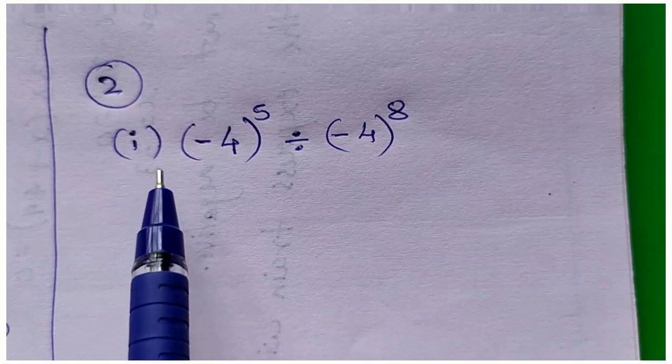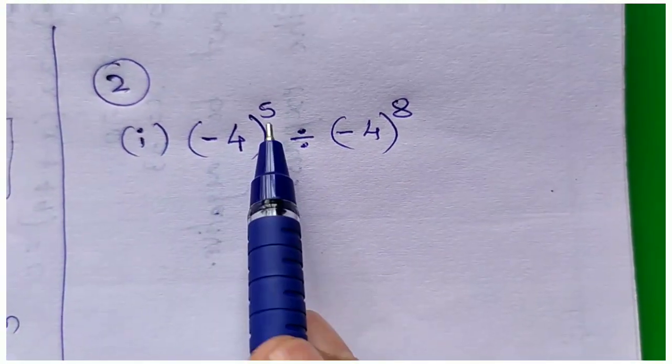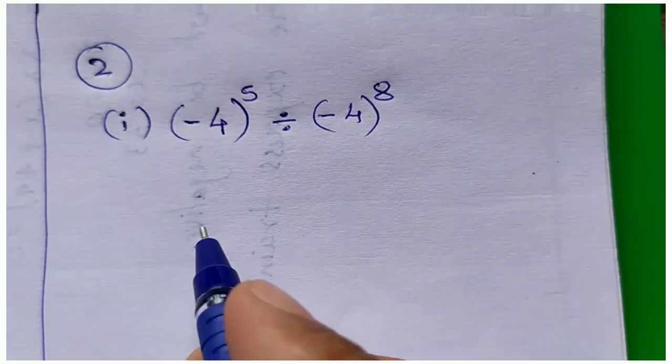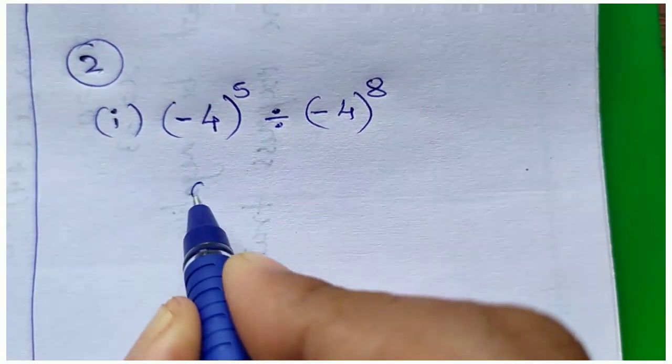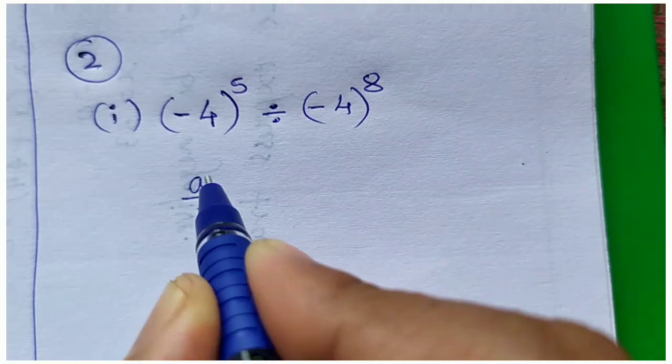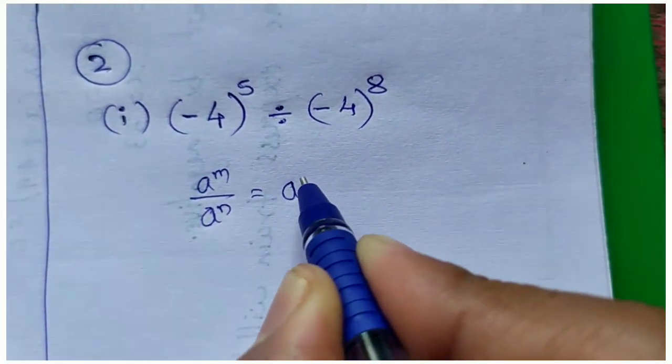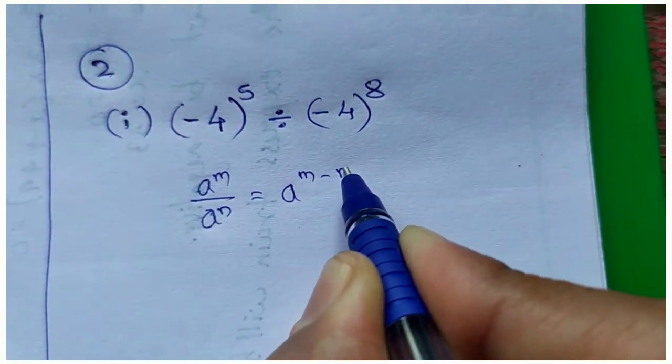In second question, first one, minus 4 power 5 divided by minus 4 power 8. Okay, so I will use here a power m by a power n equal to a power m minus n.